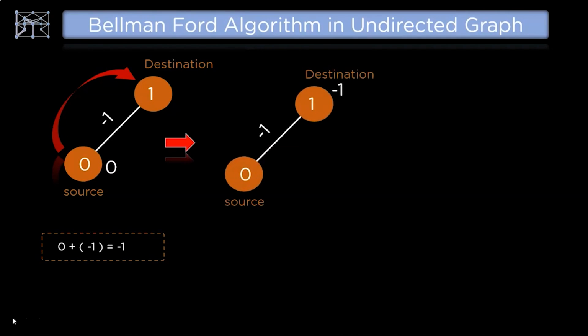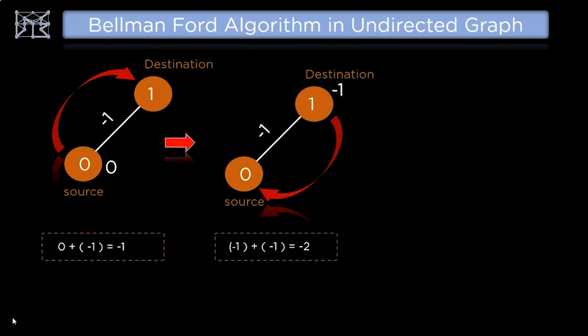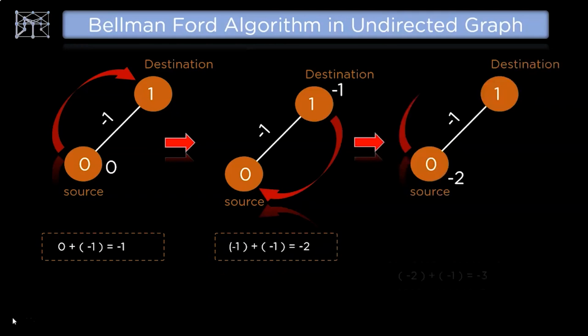Now, from edge 1 to 0, the cost will be minus 1 plus minus 1, which is equivalent to minus 2. Now again, if we want to calculate the minimum cost, it will be minus 2 plus minus 1, that is minus 3. And this will turn into an infinite loop.